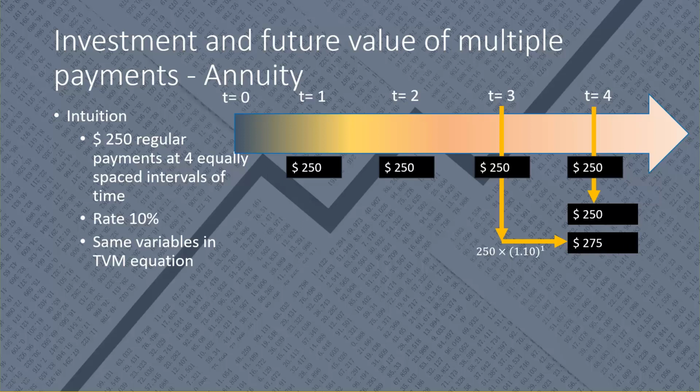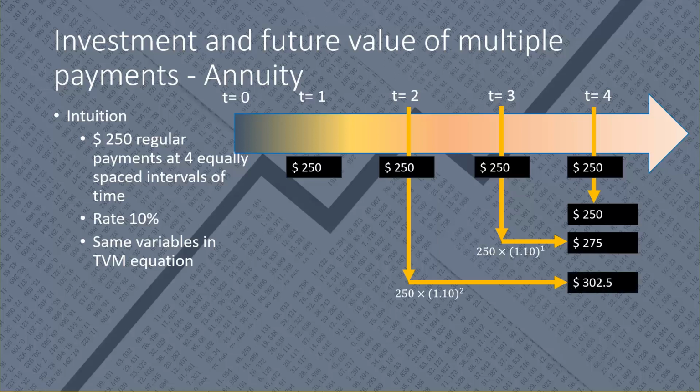Similarly, the investment we made at the end of the second year, $250, will have 2 years to grow. So it grows in 2 years at the value of 1.1 to the power 2. The initial starting amount is 250, times 1.1 the first year, 1.1 the next year, so 1.1 to the power of 2, or squared, which makes it 302.5.